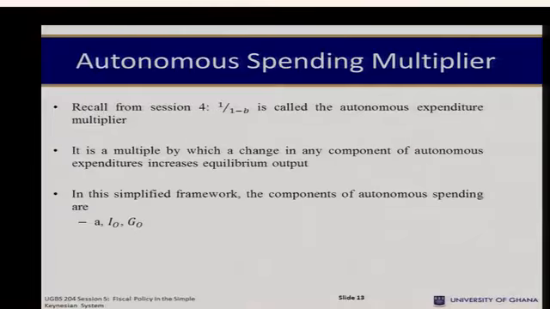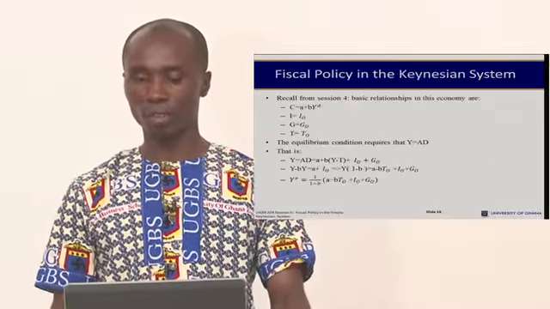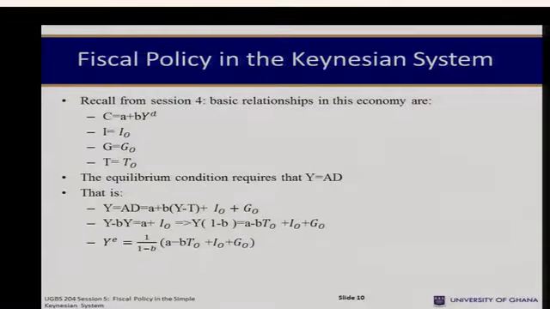Now, but before then, we need to revisit a concept that we introduced at the last session called the autonomous spending multiplier. Going back, we indicated that if you look at the equilibrium condition, the equilibrium that we solved, all the terms in the second term on the right-hand side, that is, all the terms in the bracket, are the items that we call autonomous expenditures.